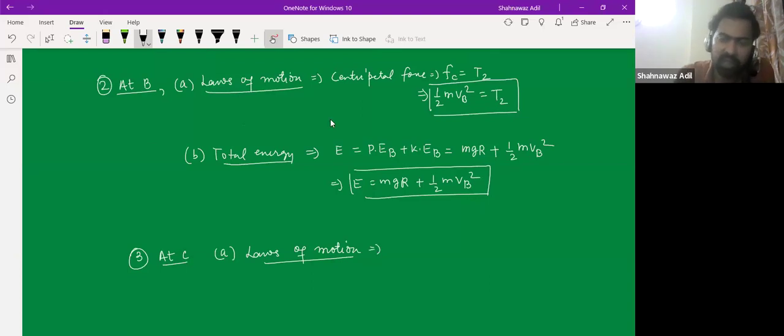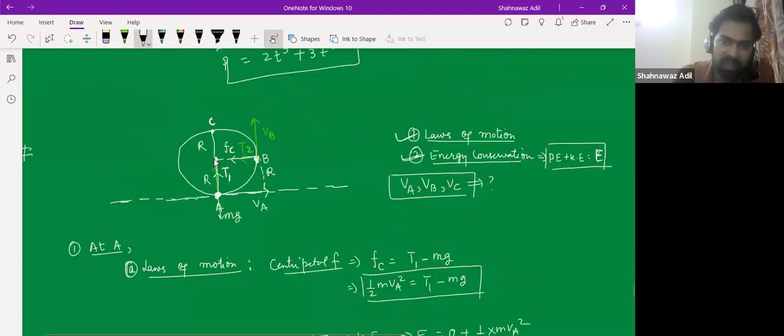So again, what do I have? I have centripetal force towards its direction. And then I have this mg in the same direction. So I have mg, and I have this centripetal force, and I have this tension as well.